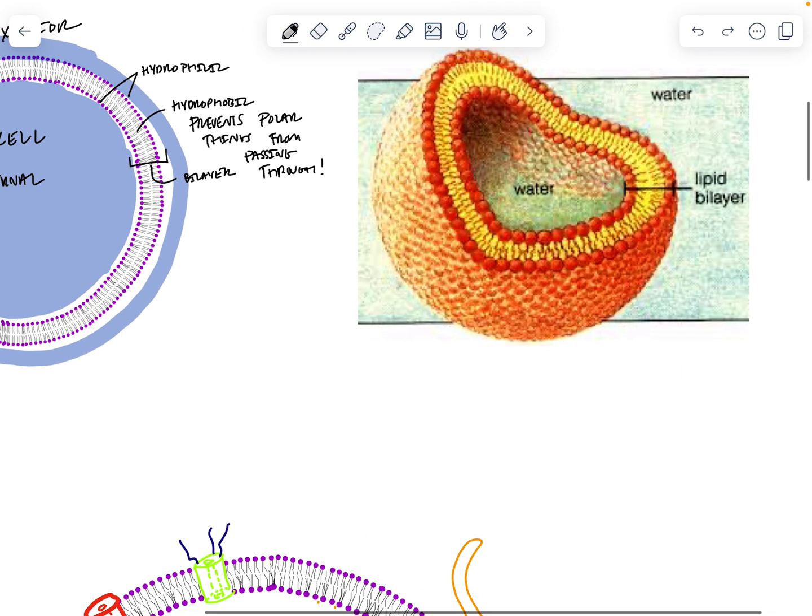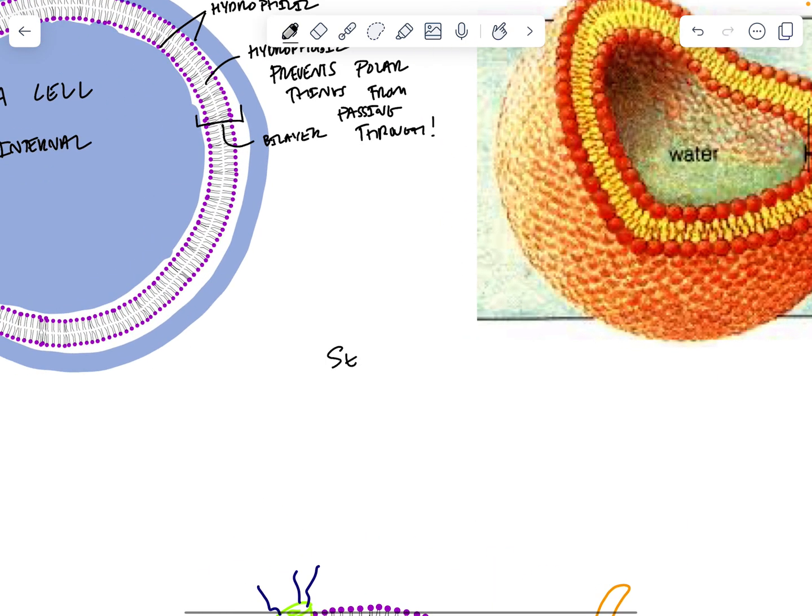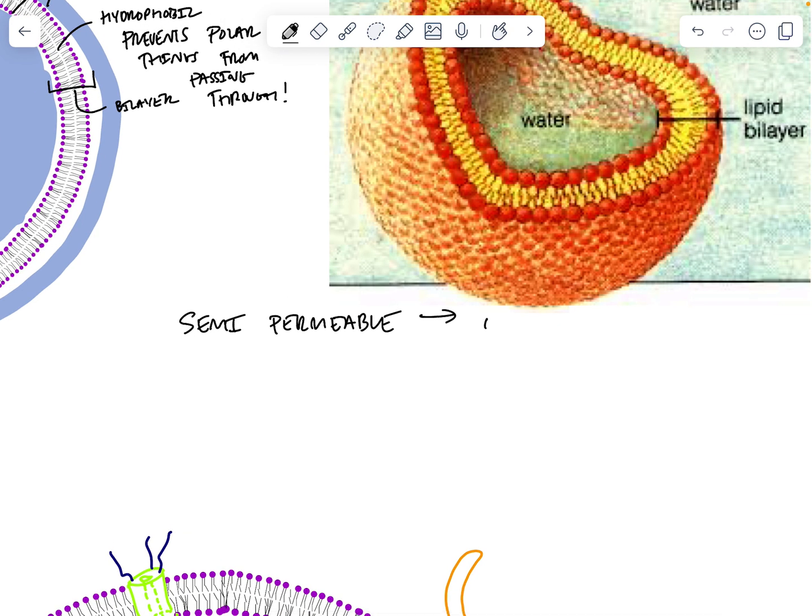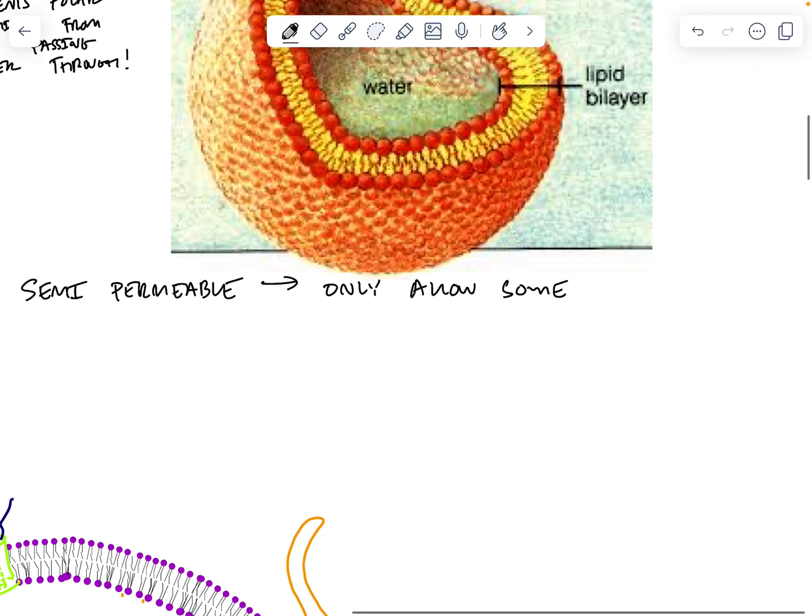So cell membranes are what we call semi-permeable. They only allow some things to pass through.